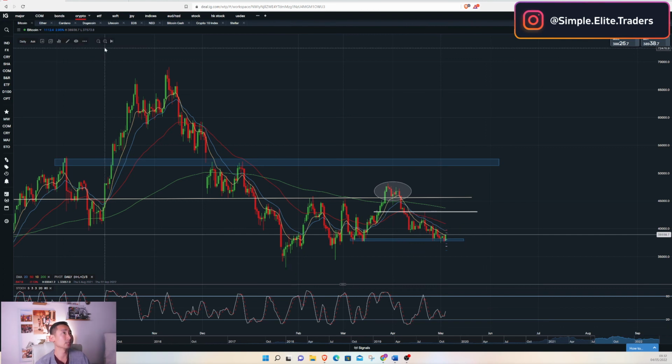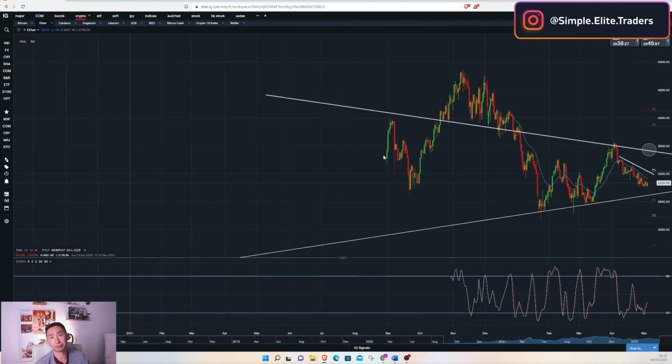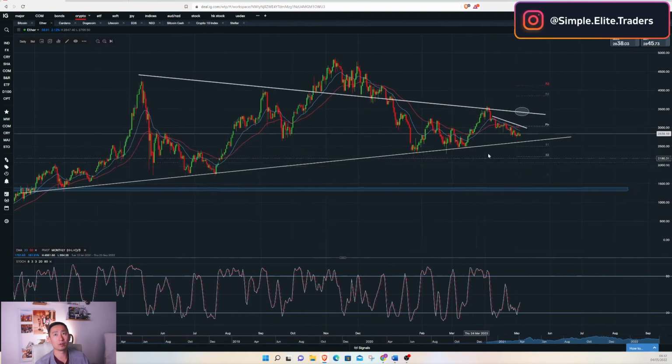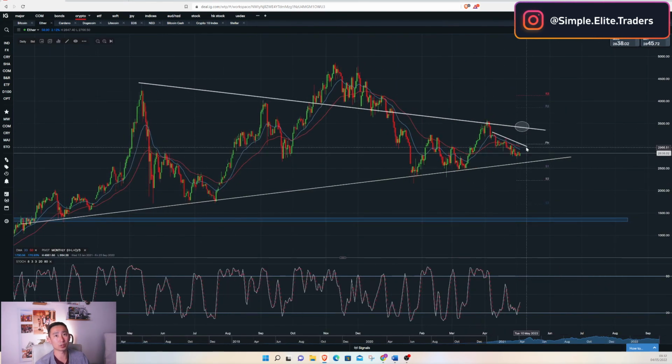Last one is Ethereum. Again, we are trying to find some support here. How high can it pop to? Under the 3,400, I'll be looking to sell Ethereum as well.